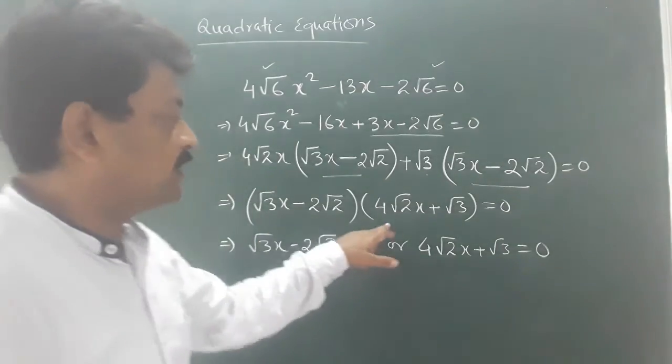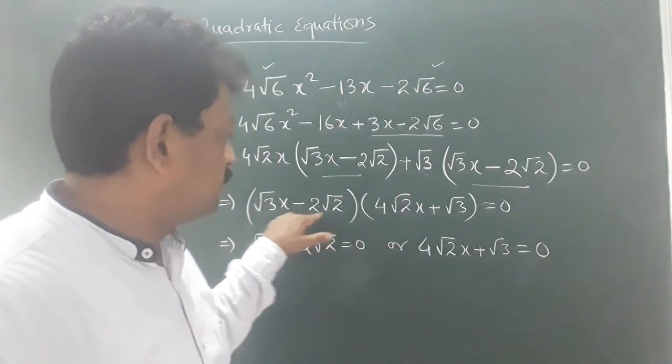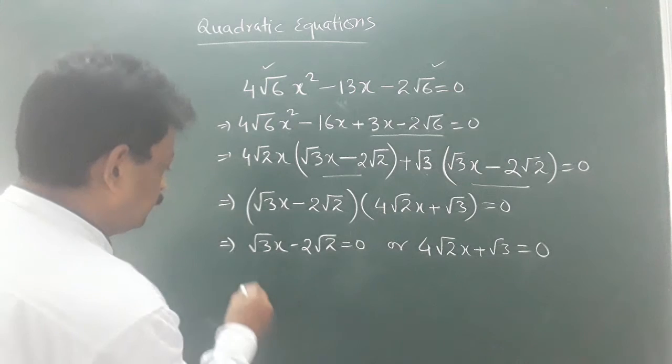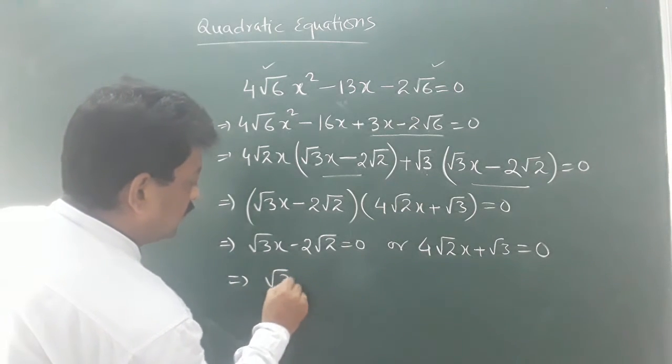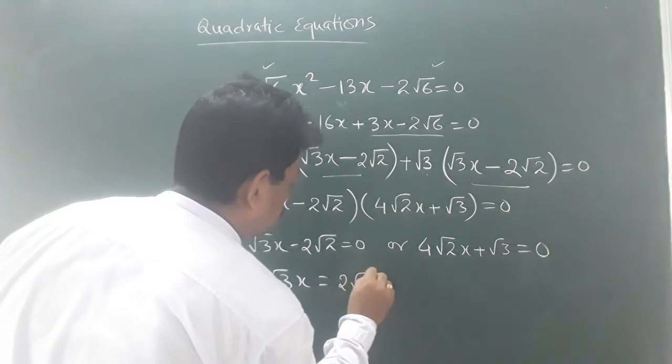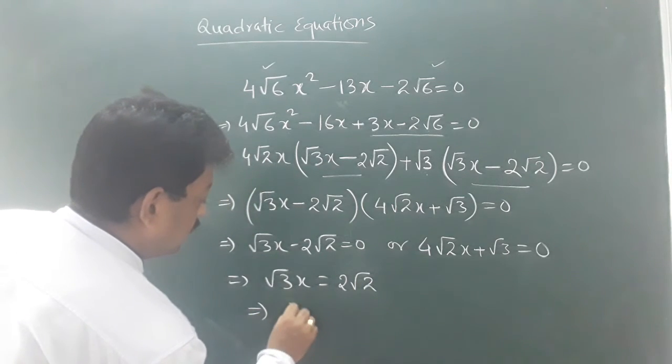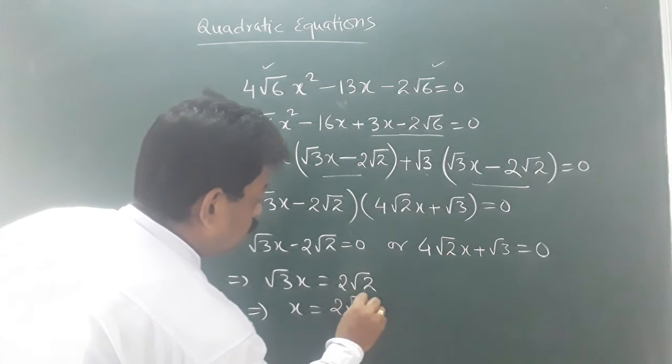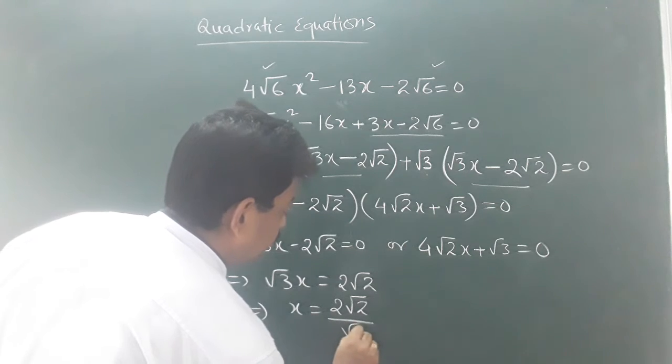The product of these two factors is 0, that means either the first factor is 0 or the second factor is 0. So here it will be root 3x equals 2 root 2, or x equals 2 root 2 divided by root 3.